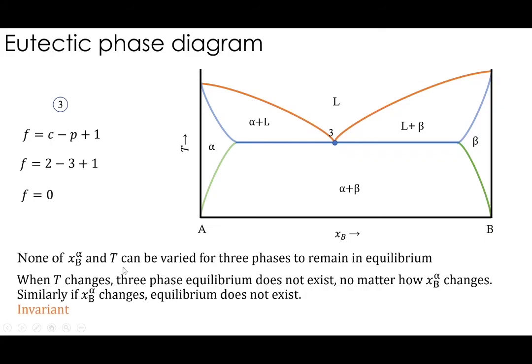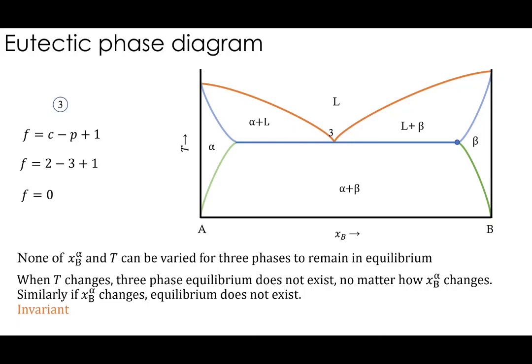Since we cannot vary any variable here, it is called an invariant equilibrium. So this reaction is an invariant reaction. Eutectic reaction is an invariant reaction, which means we cannot change any variable. So now you can see that throughout this entire range, this particular argument is valid.